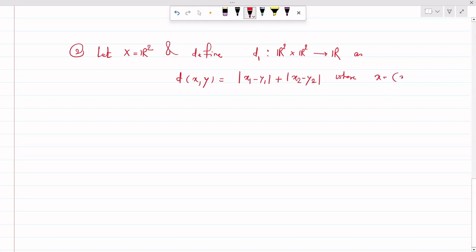So here x is x1 comma x2 and y is y1 comma y2, right?